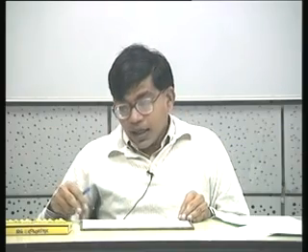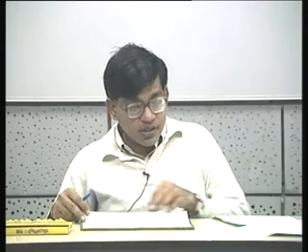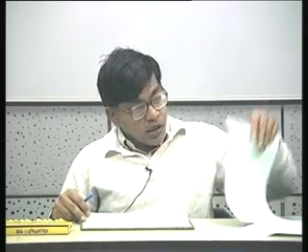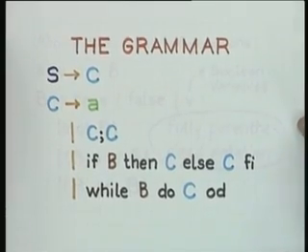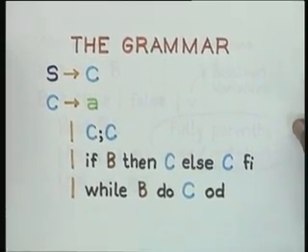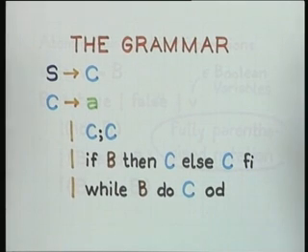Right? And actually a lot of our programming languages do have ambiguity. So the programming language that we have defined is totally unambiguous. Yeah. This grammar specifies a language in which there is absolutely no ambiguity.